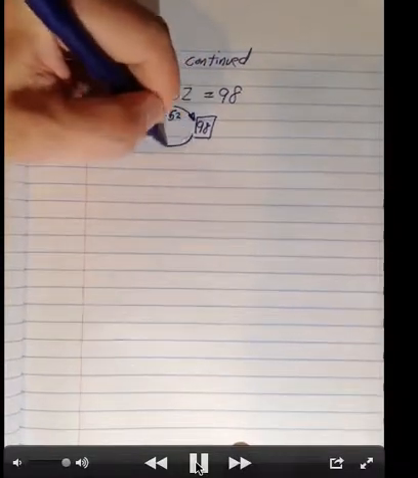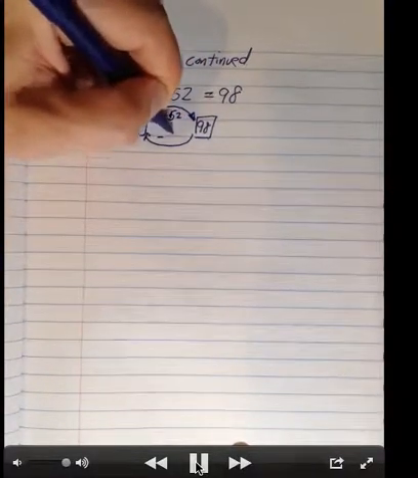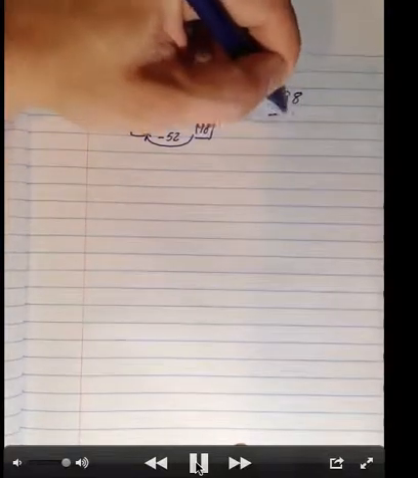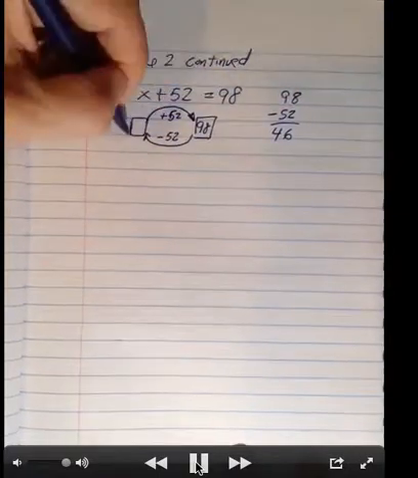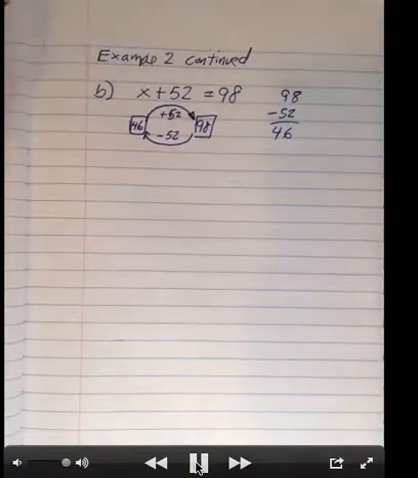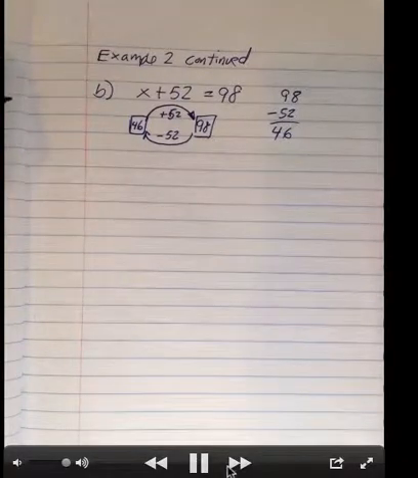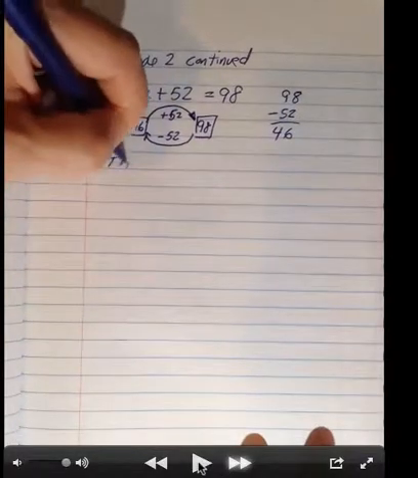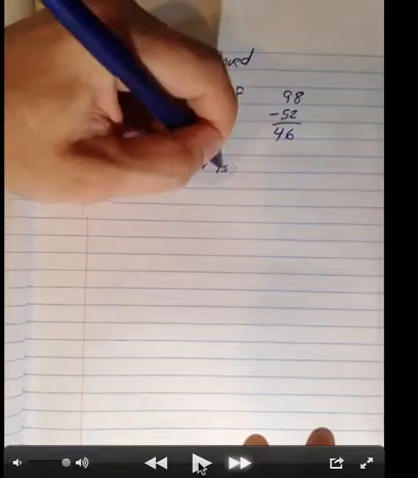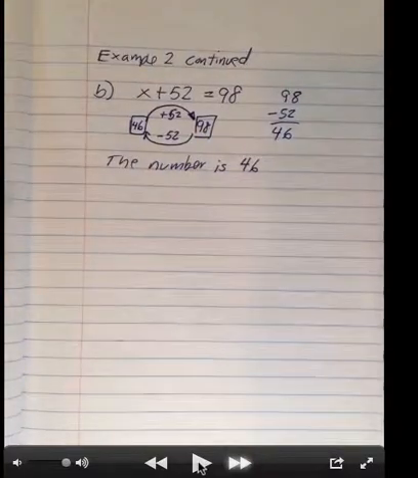So we subtract 52. 98 minus 52 is 46. The number was 46.